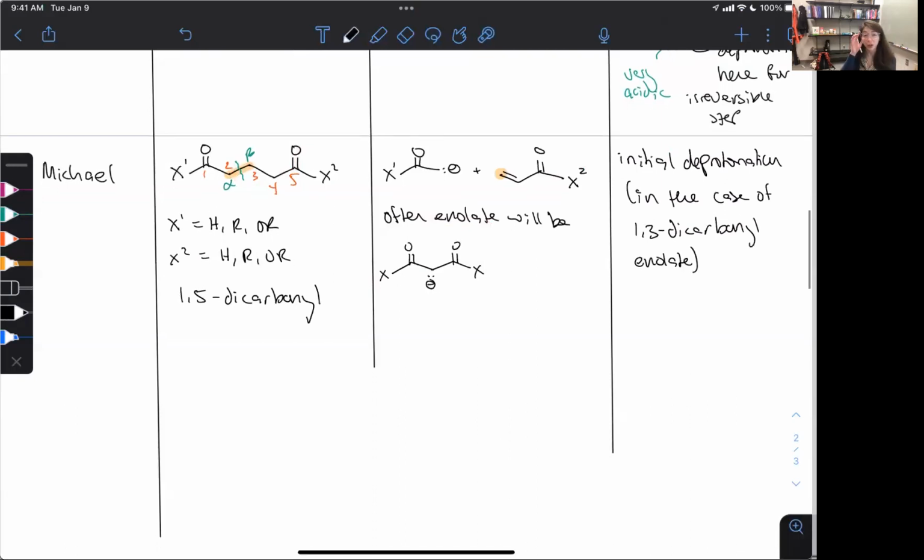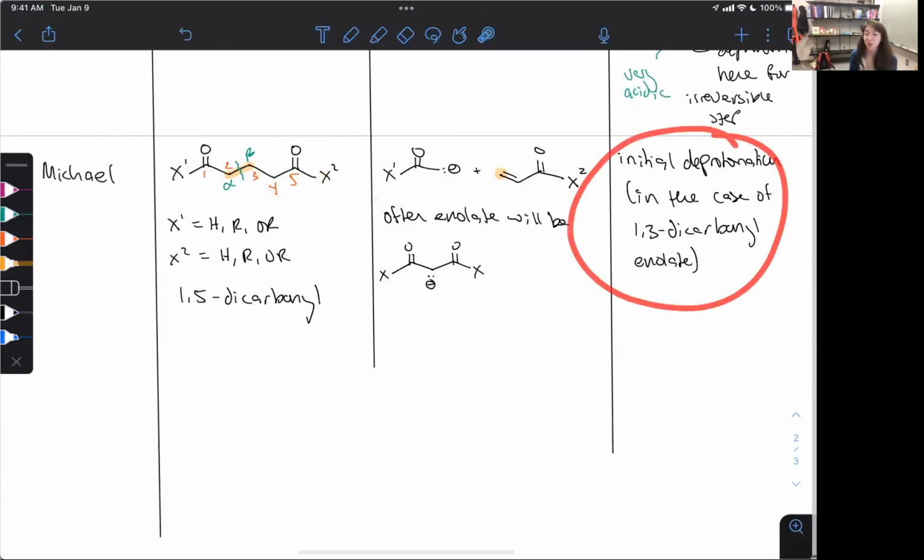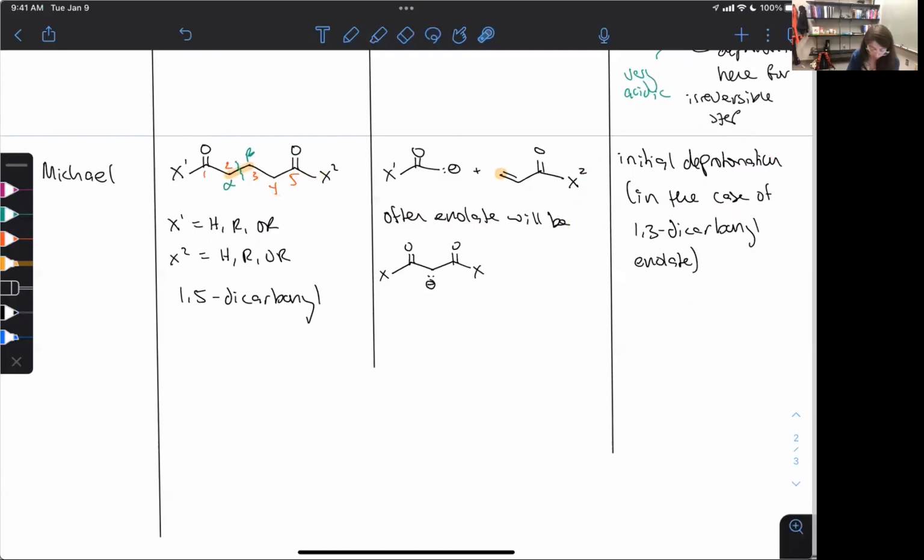Okay, and if not, then it's a little bit more awkward because you have to tautomerize this. But generally, we're going to stick with this for our Michael addition. So we're just going to keep the initial deprotonation. I'm actually going to take away the parentheses here. So forming that enolate is going to be our irreversible step for the Michael reaction.